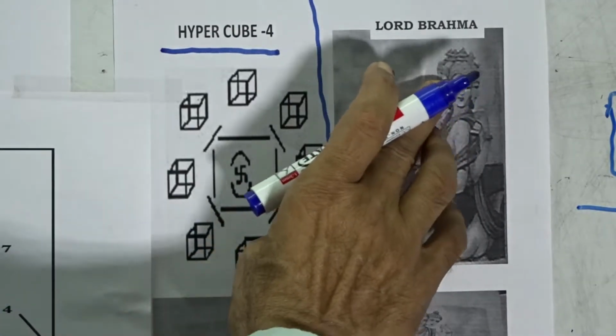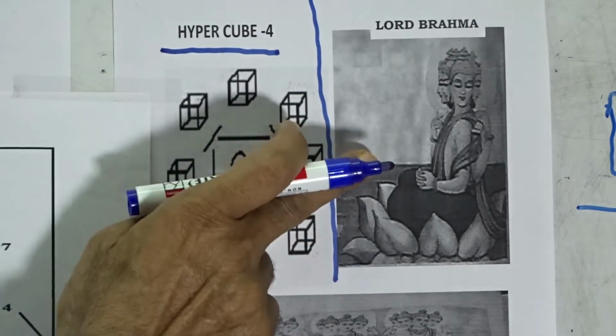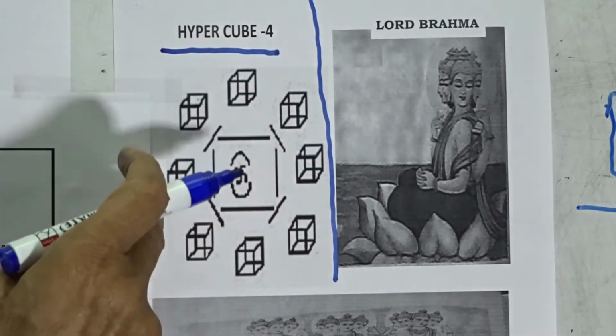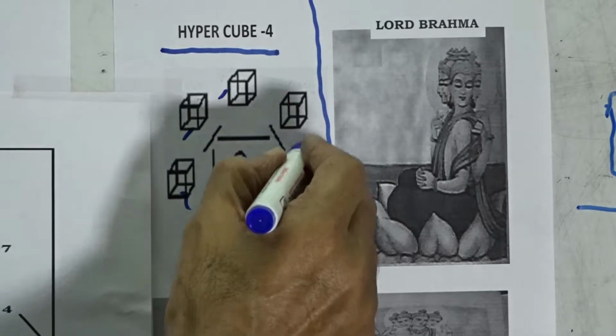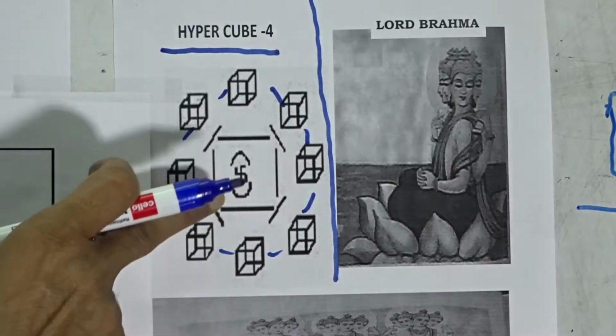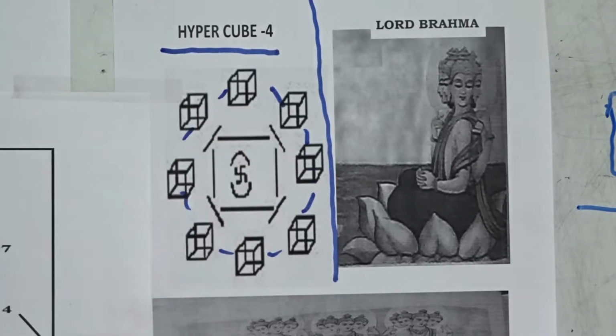Each head is having a pair of eyes, so it is of spatial dimension. The Lord Brahma sits on a lotus seat of 8 petals, and its solid boundary is of 8 components. Within the cavity of the heart of Lord Brahma is the seat of a transcendental Lord, and the origin of hypercube 4 is a transcendental domain.